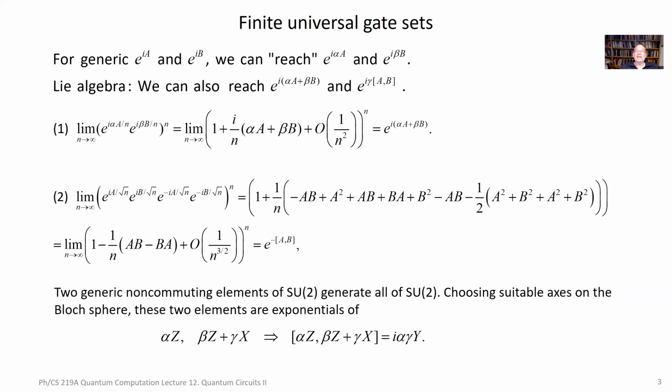If e to the iA, the unitary matrix, has the property that all of its eigenvalues are e to the i theta, where theta is an irrational multiple of 2 pi, and furthermore, the eigenvalues are relatively irrational, then by taking powers of e to the iA, I can certainly get any unitary operator of the form e to the i alpha A, where alpha can be any real number.